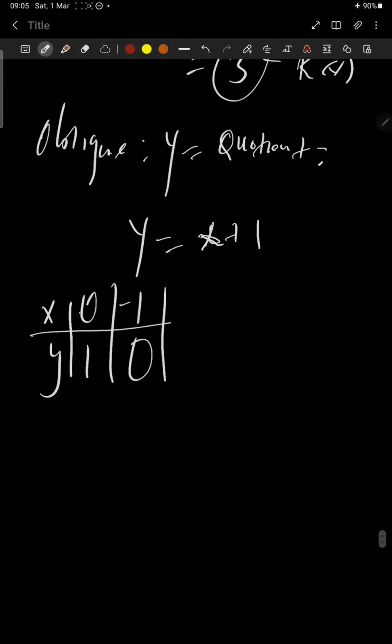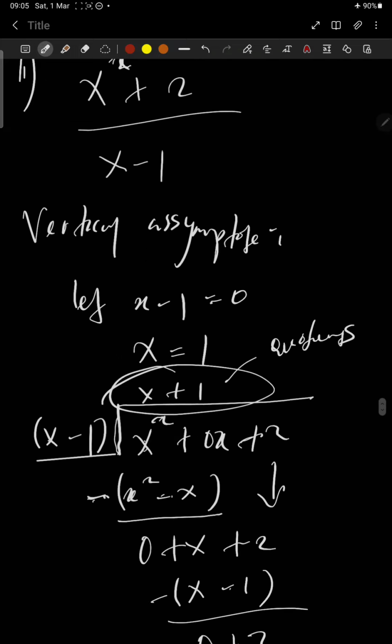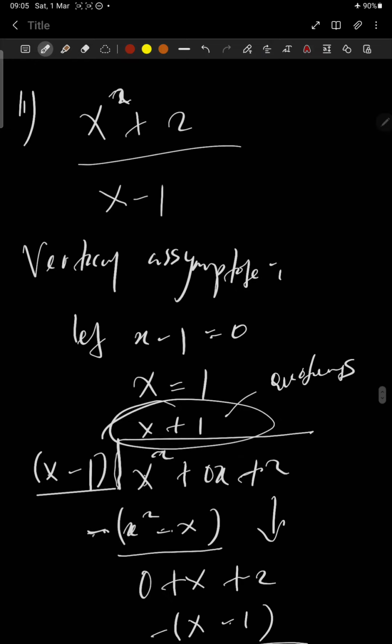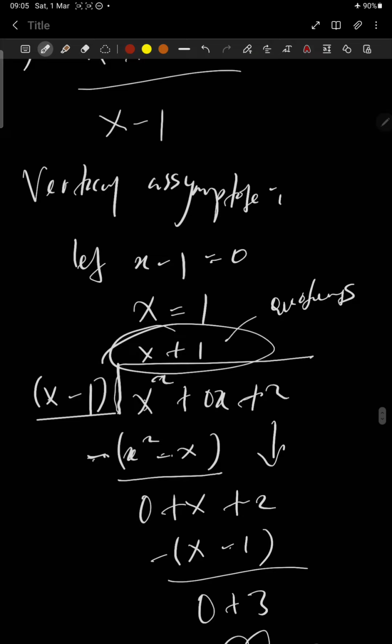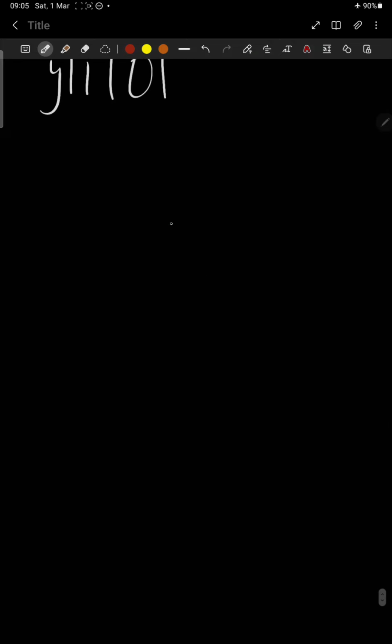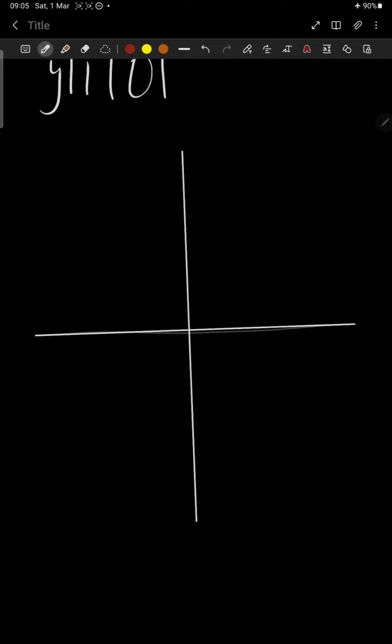So what am I going to sketch? I'm going to sketch this, and I'm also going to sketch the vertical asymptote. Where is my vertical asymptote? Now we're going to approximate it.